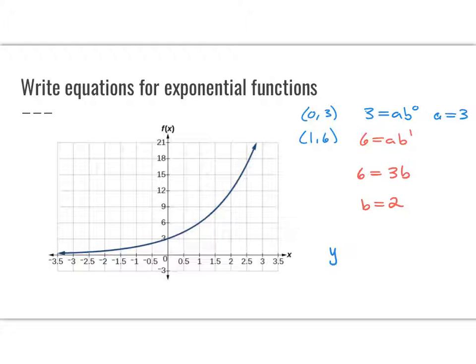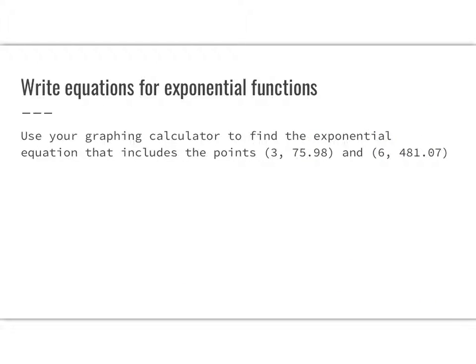So our equation is y equals 3 times 2 to the x. That's the same exact process we used in the deer problem and in the last problem where we were given the 2 points. And it's always a system of 2 equations. It works out a little bit easier when you know the y-intercept, because that's basically going to give you a immediately.